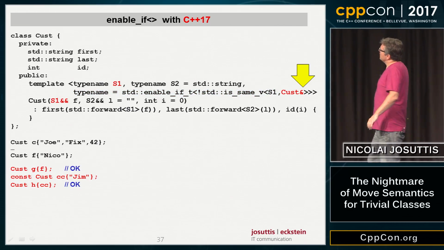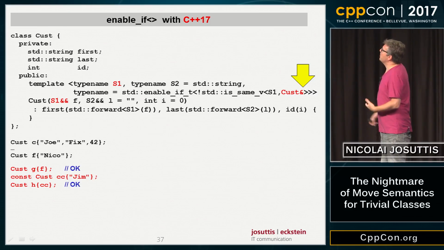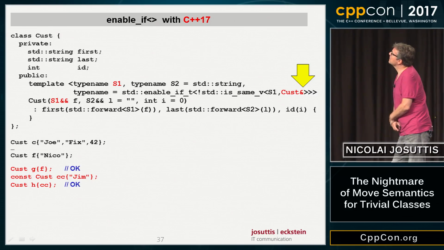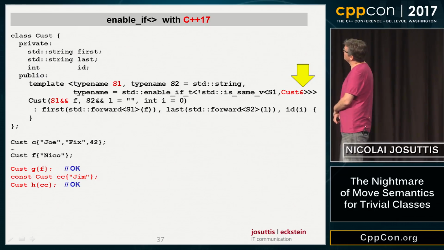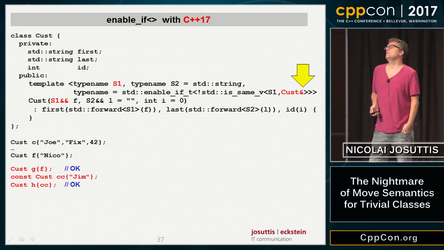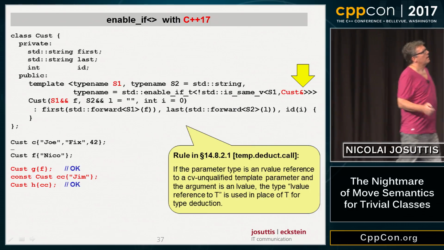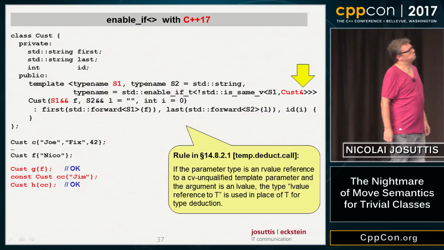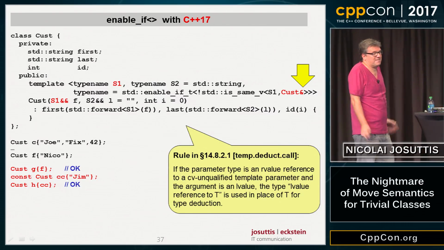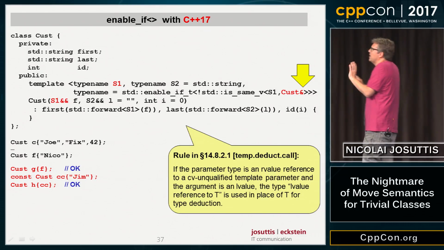And we need an ampersand here because when we pass this customer object f, the template argument S1 is deduced as an L-value reference. And here's a rule, by the way. It's pretty obvious. It says everything, so why don't you only read the standard and you understood C++?